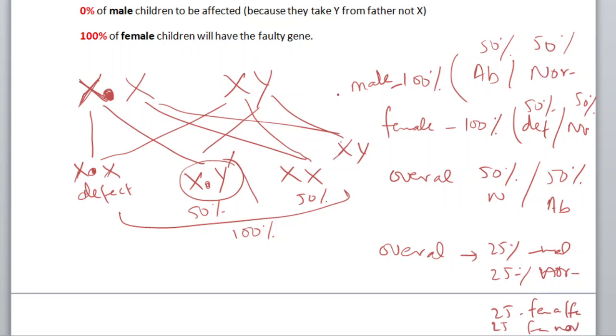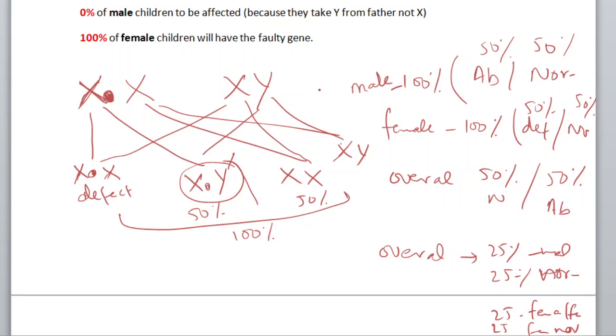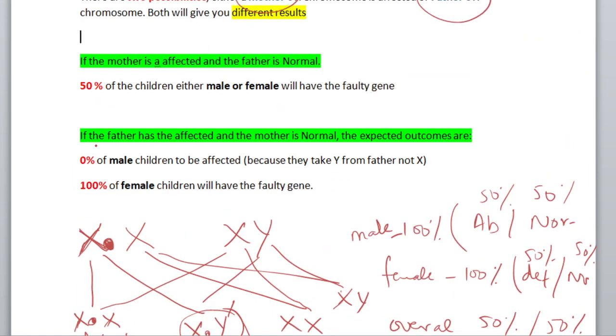So they can get you confused at any point in the scenario. You have to be very clear, and check the question again for what they are asking. So if the mother is affected and the father is normal, then 50% of the children, either male or female, will have faulty genes. Male and female both will be affected.